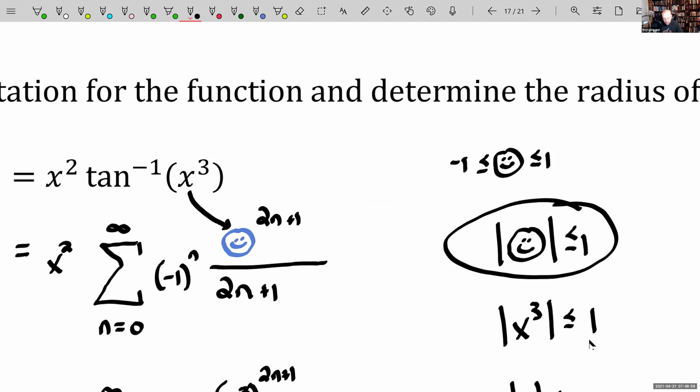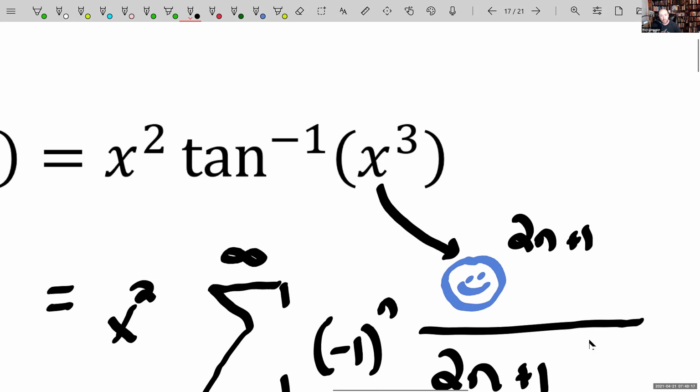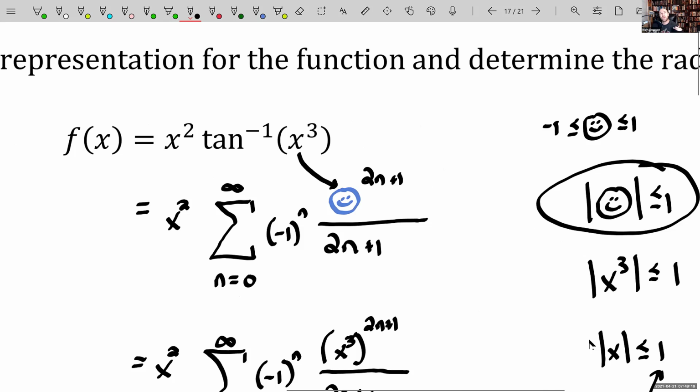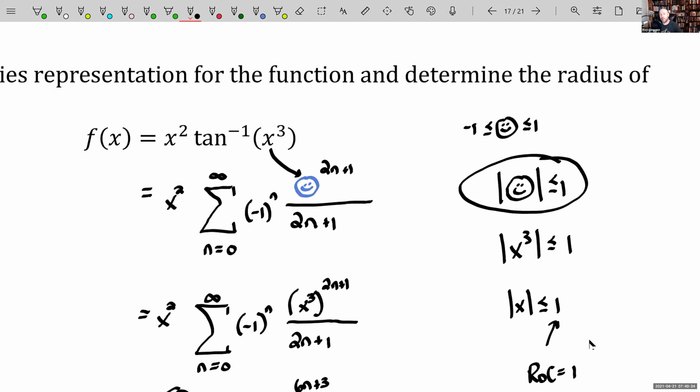Well, because we did not integrate or differentiate when we were transforming this into a power series, there was no chance for us to gain or lose edges on our intervals of convergence. So there was no need to recheck those edges. The edges will still be included. Okay. So as long as you're not integrating or differentiating, you're not going to lose edges.